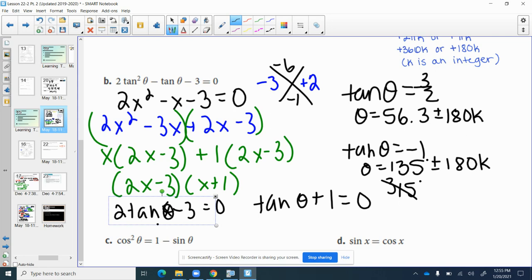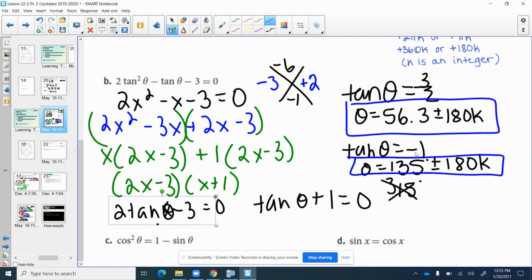So you kind of don't have to worry about it. Really, you could just leave it as these two answers. Now, again, if you wrote 135 plus or minus 180k and the 315 plus or minus 180k, that's okay too. Because again, with tangent, it repeats more often. So we can use the 180.